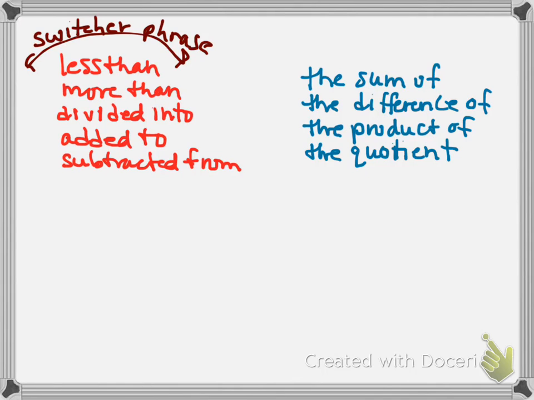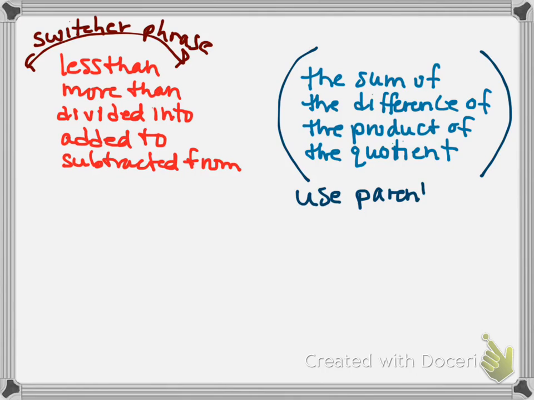These phrases also get translated as an additional part into our equation. When I'm saying 2 times the sum of 5 and x, that 2 is going to get multiplied by everything in that sum. So what that tells me is I need to use parentheses. This is switcher phrases.